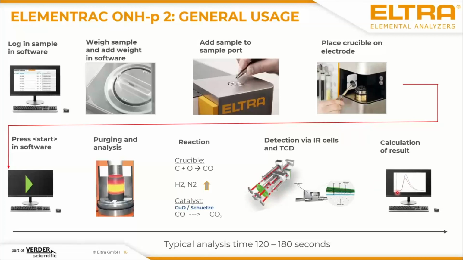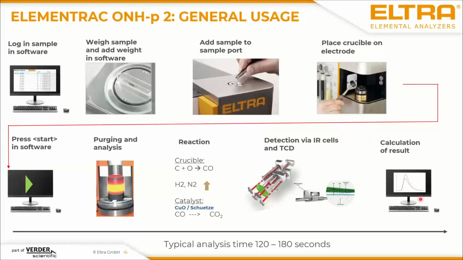The software will show you the result on a screen very simply. So the only thing the operator does is weigh a sample, put it in the analyzer together with the crucible and press start, and the analyzer will melt it, process it accordingly and give you the results as a graph and as a figure.